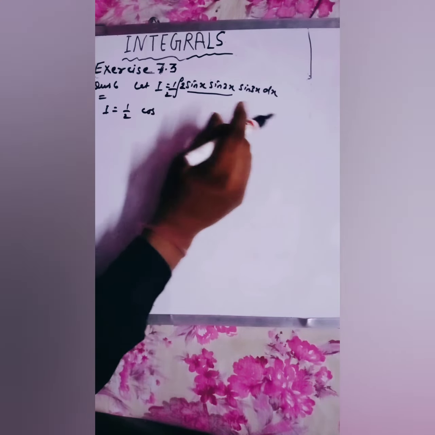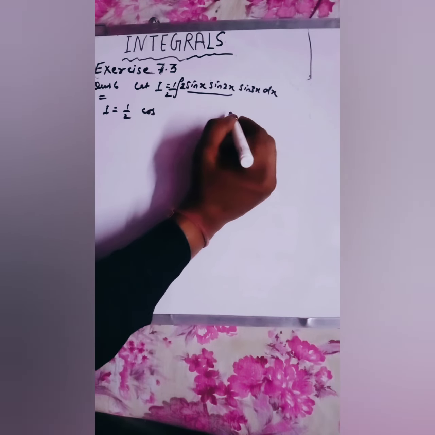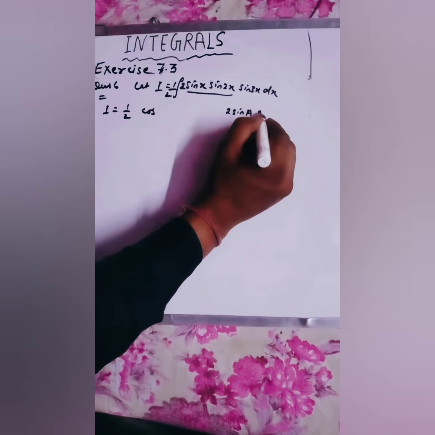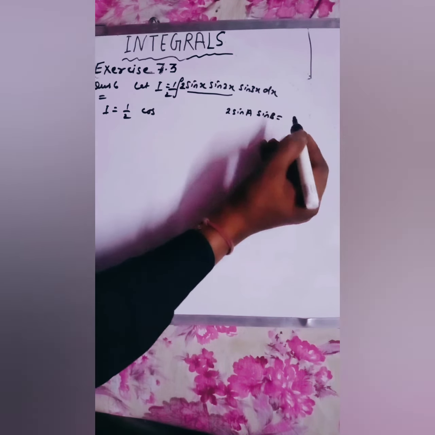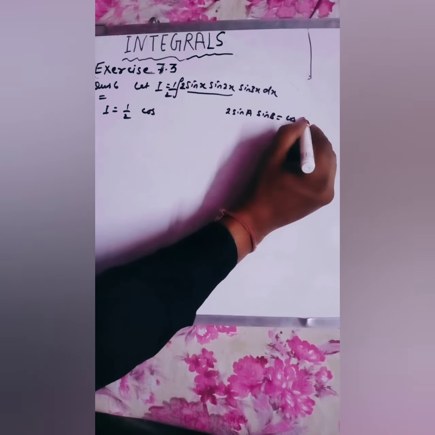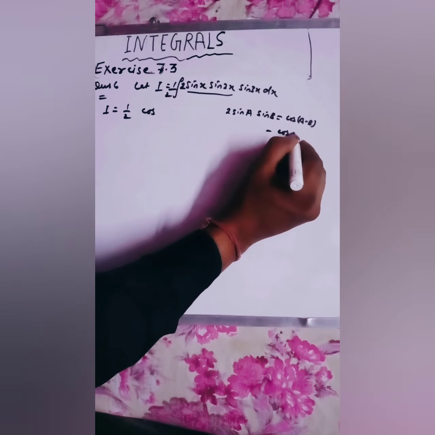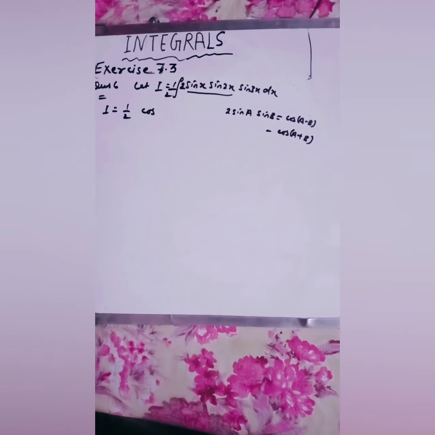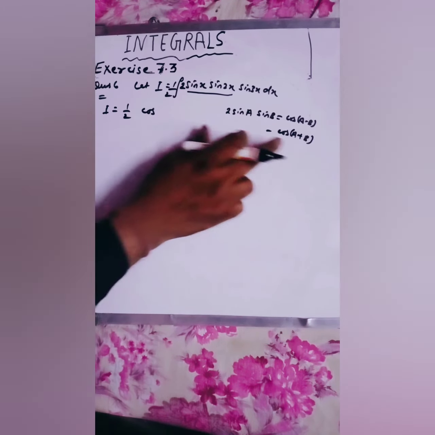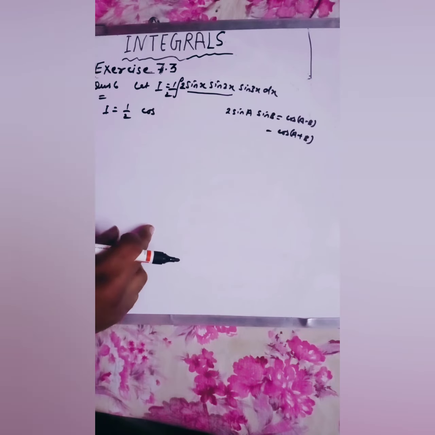I am writing the general formula: 2 sine A sine B equals cos A minus B minus cos A plus B.